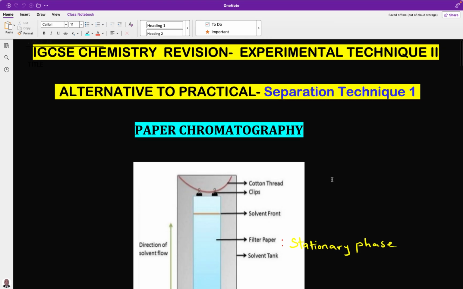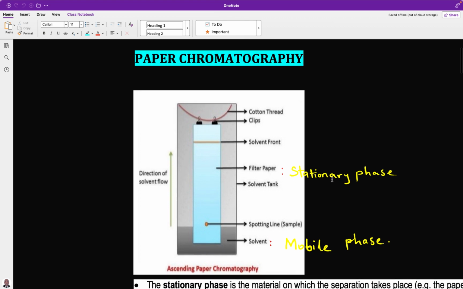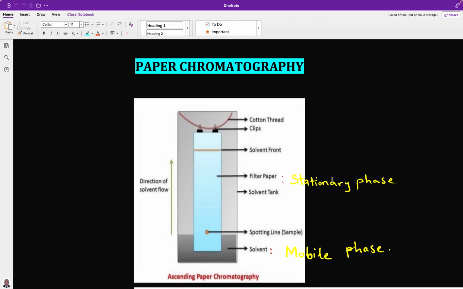Paper chromatography comprises a paper, which is the stationary phase. It also has a solvent, which is the mobile phase.